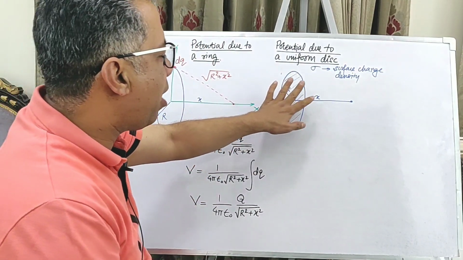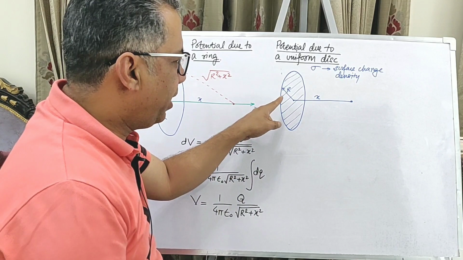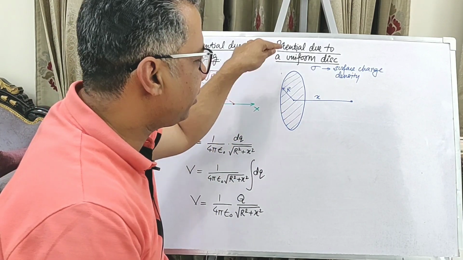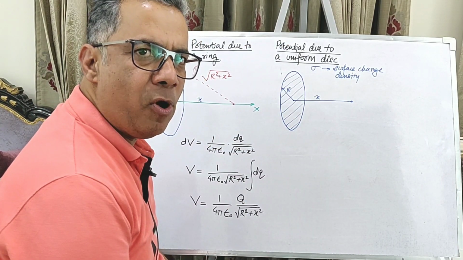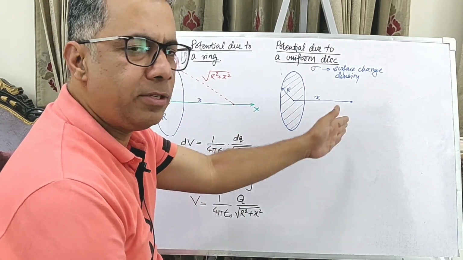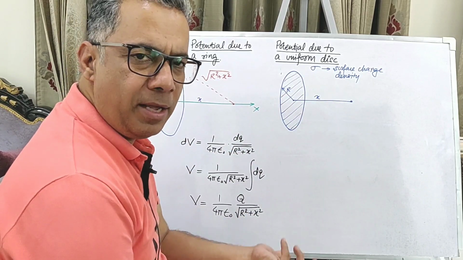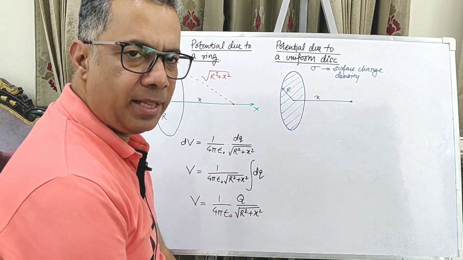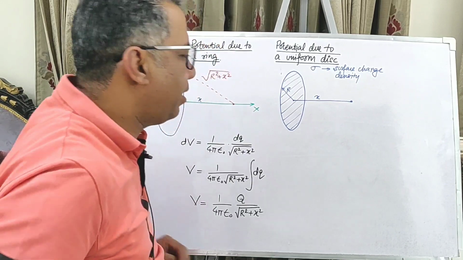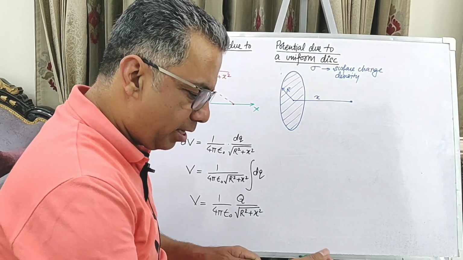we already know how to calculate the potential of a ring. What we will do is, we will break up this disk into small ring elements. We'll calculate the potentials of those ring elements, then do a summation and get the potential. It's a scalar, of course, and therefore the summation is that much easier. It's just a simple summation, no components need to be taken.